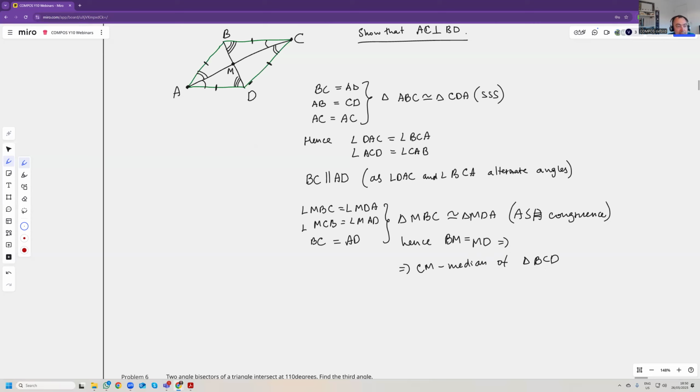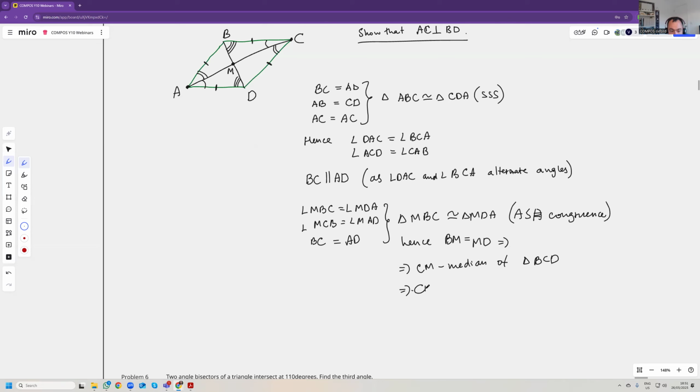So it's a median of an isosceles triangle, which is isosceles.